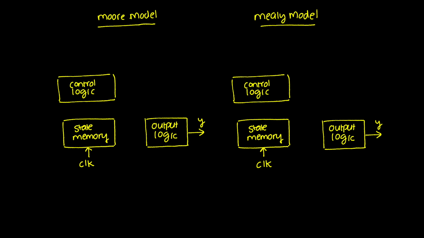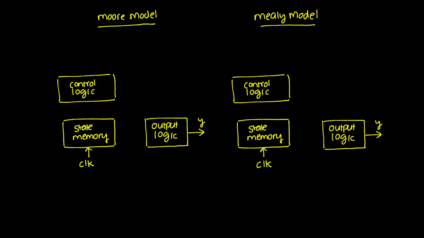So now I'm starting with the simplest stuff, and I'm actually just going to do it for both, because why not? For my state memory, recall that for the Moore model, I needed 3 flip-flops. I had 3 Q outputs, and I needed 3 flip-flops to represent the 3 bits for my state. I had 5 states, therefore I need 3 bits to represent 5 states, and 1 flip-flop per bit.